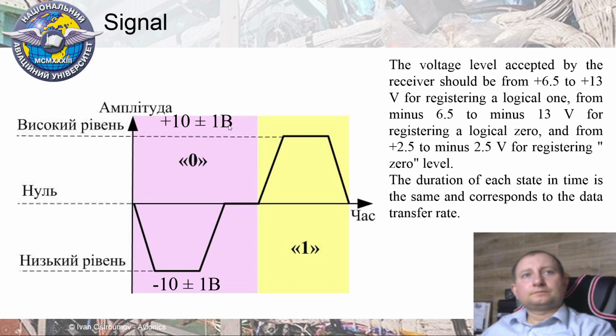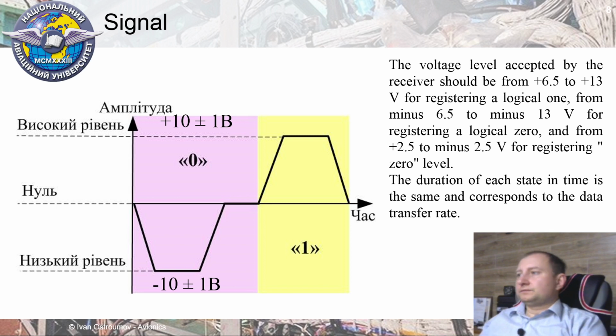In the receiver, during the signal propagation in the wire, the level of signal can be reduced because multiple receivers can be connected in parallel. That's why each receiver has some resistor, and in this case, total voltage will be reduced.